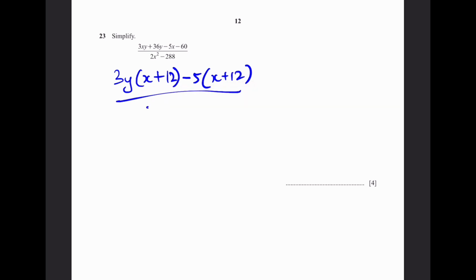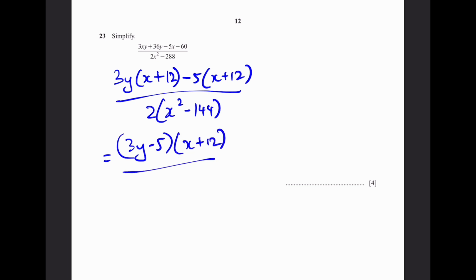First of all, we get 2 into x squared minus 144, factorizing the denominator. So that will be 3y minus 5 into x plus 12, whole thing by 2 into x plus 12 into x minus 12. How do we get that? Because this is in the form of a squared minus b squared, because 144 is simply 12 squared.